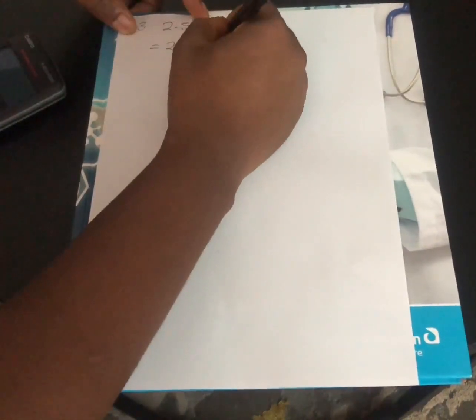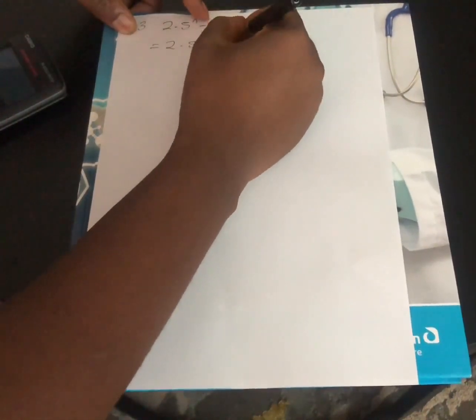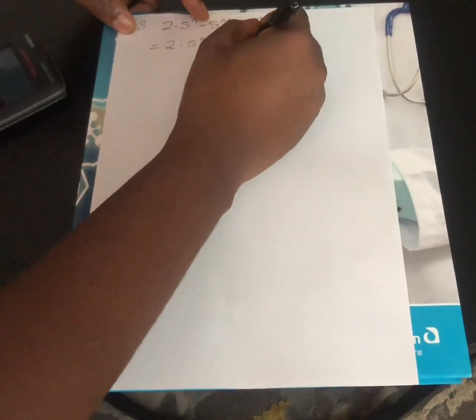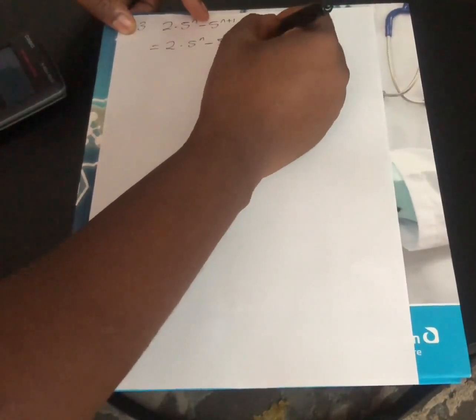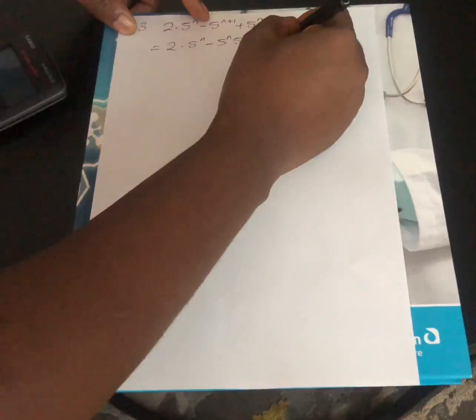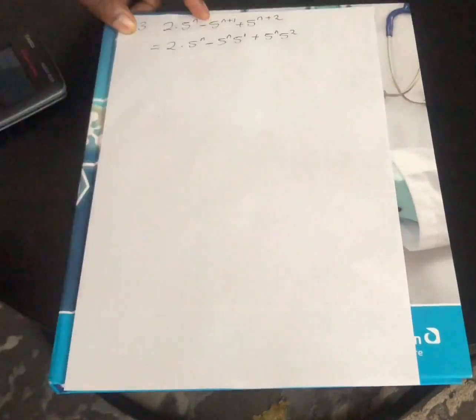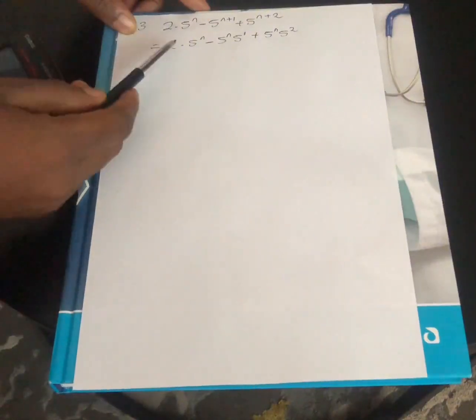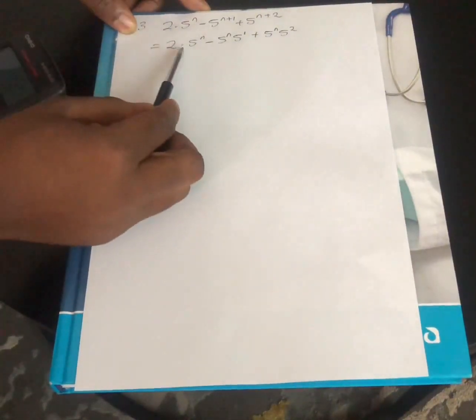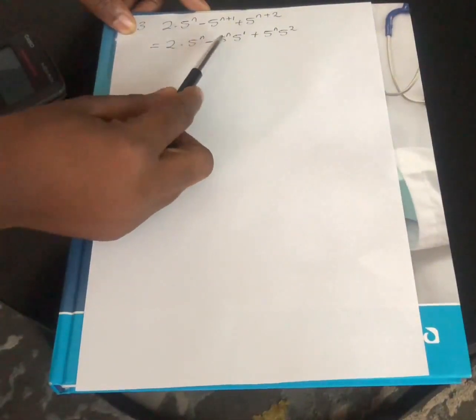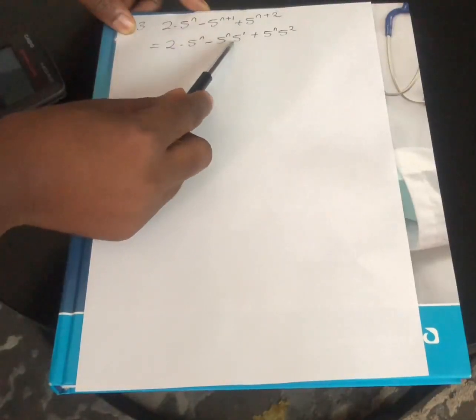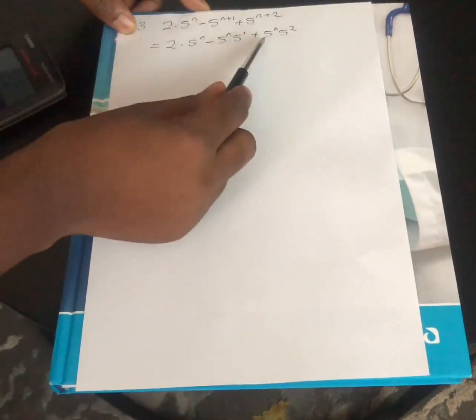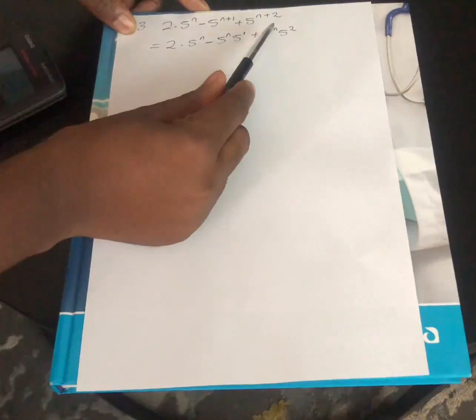So it's the same as 5 to the power n multiplied by 5 to the power 1, plus, same thing, 5 to the power n multiplied by 5 to the power 2.